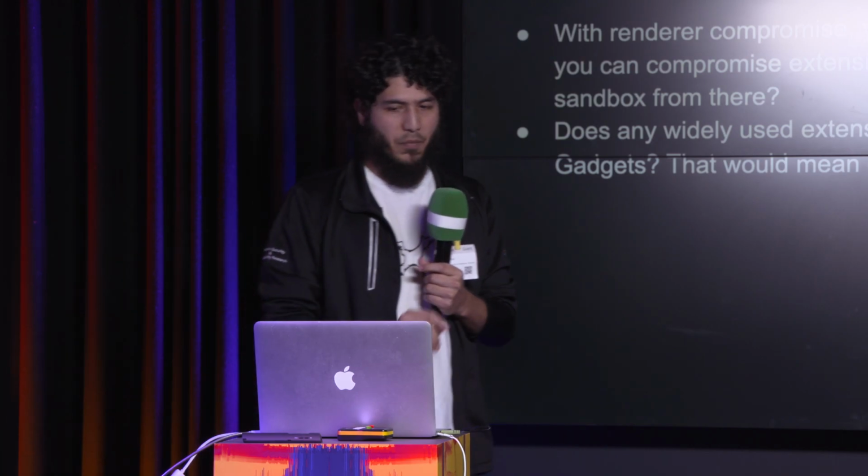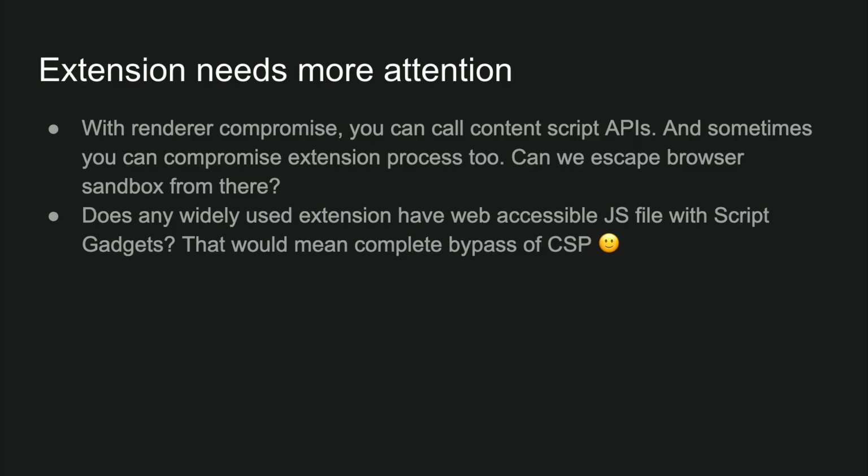Another thing is extensions have web accessible JS files. So they can say their JS file is accessible to any website, and they can load it. If there is a script gadget in that file, you can basically bypass any CSP, because CSP by design can't block extension scripts. It's by design, because extension scripts need to be injected, and the browser doesn't block that.